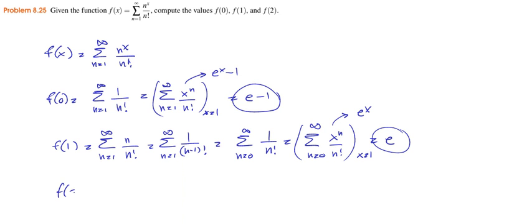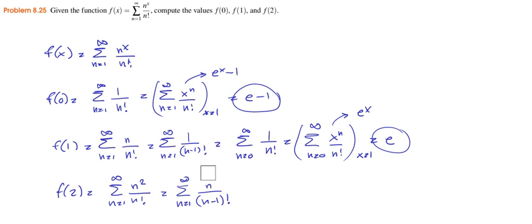And now f at 2 is the sum from n equals 1 to infinity of n squared divided by n factorial. And so this is the sum from n equals 1 to infinity of n divided by n minus 1 factorial, right?